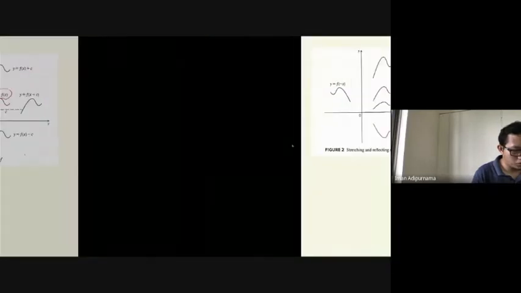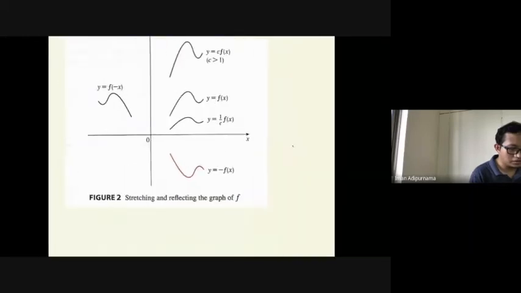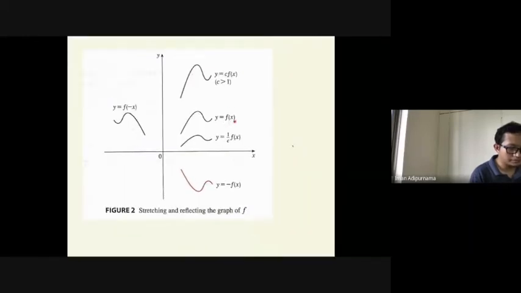Another one here. This is stretching and reflecting. So your function is here, right in the middle, y equals f(x). If you multiply the function by a constant, you get the stretched function.